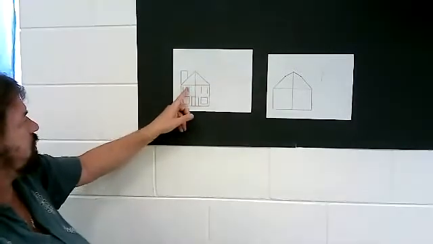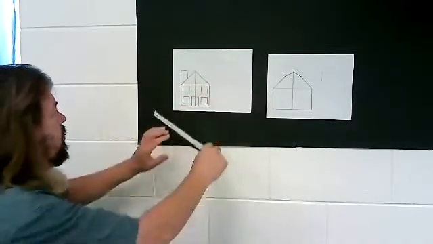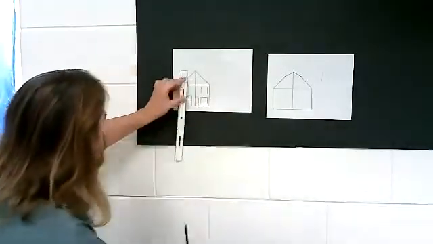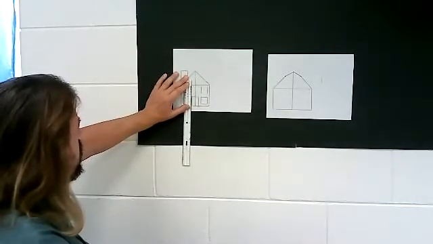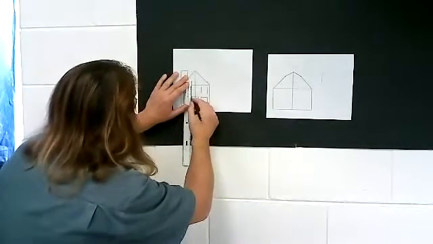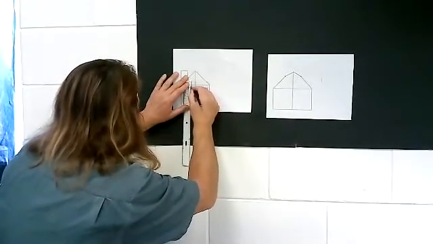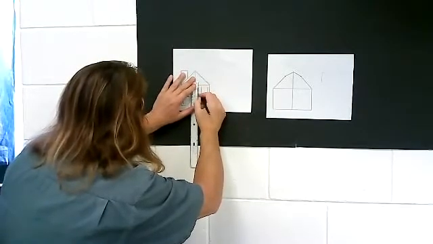So you can see the sides are the same going this way, this way. And then, oh, I did put another window in here too. Now this one I made pretty much even with the door. The side of this window is pretty much even with the side of the door. And the same thing on this side over here.